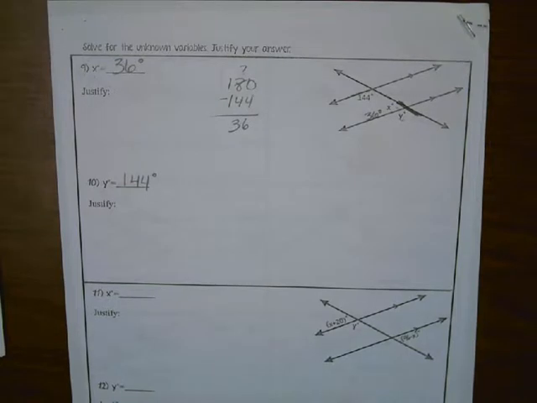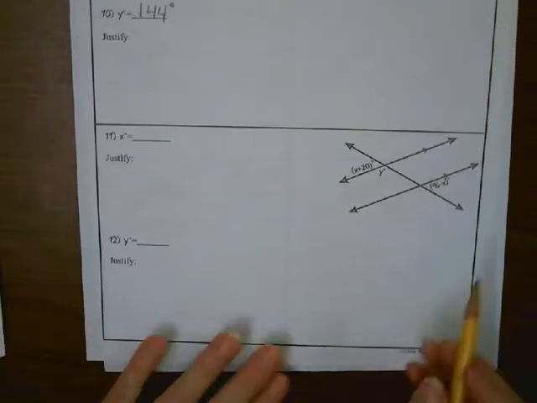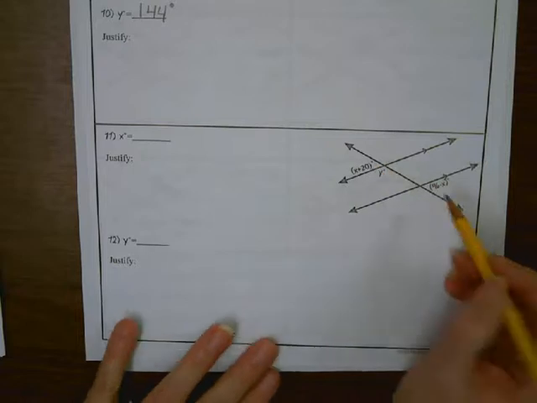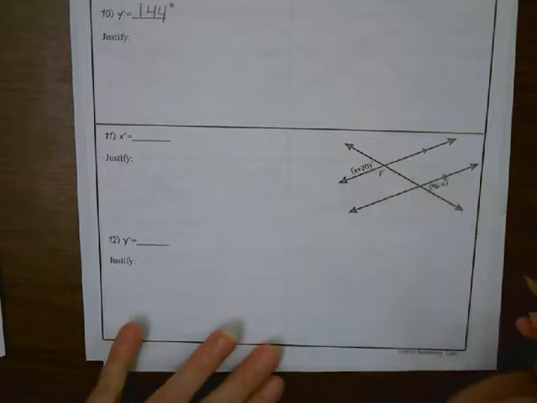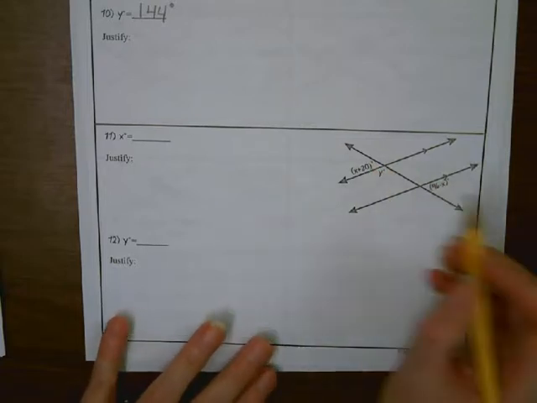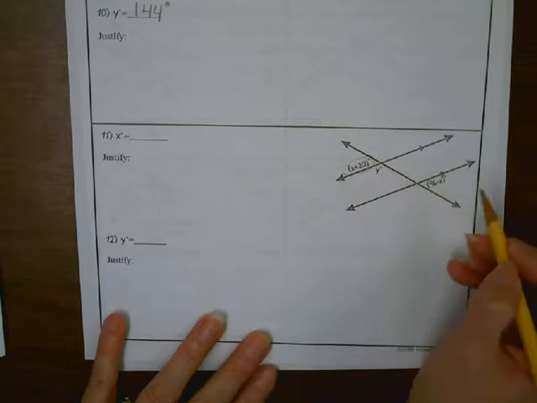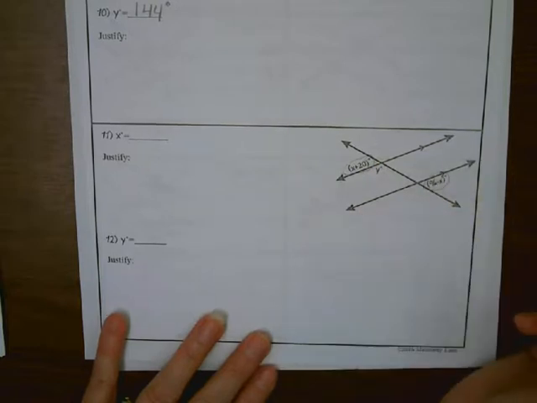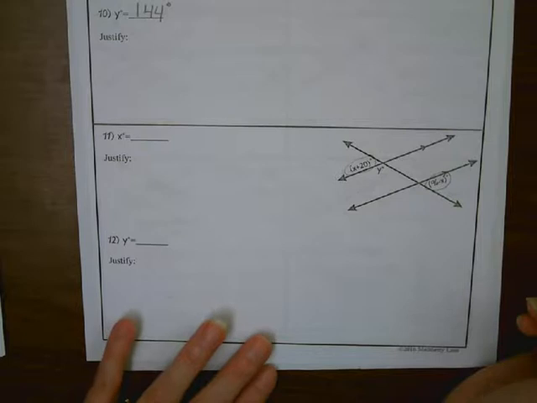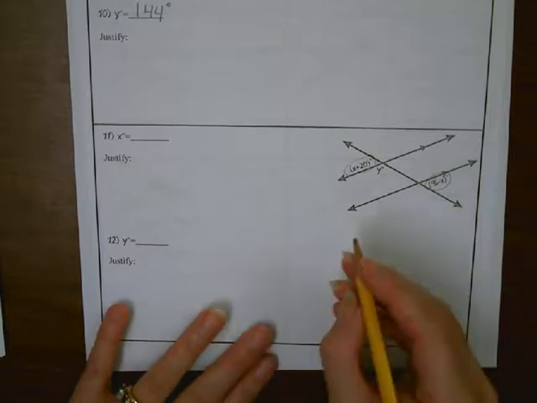All right. Last 2. Oh my goodness, what have they done to us? All right, so we know that this one and this one have to be equal. Let's see if I can make that happen.